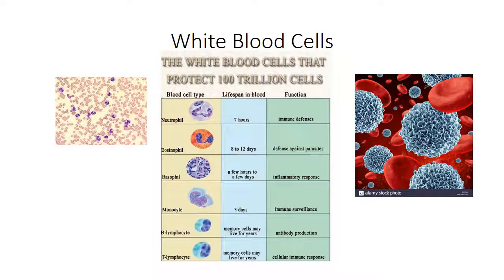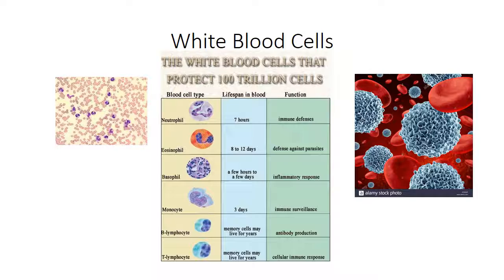Then fourth from top or third from bottom, monocytes. These are cells which do not really function in the blood.